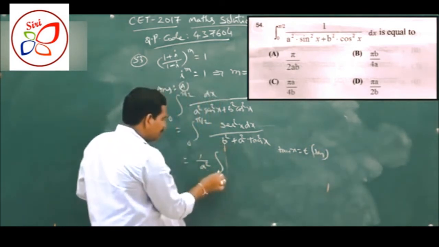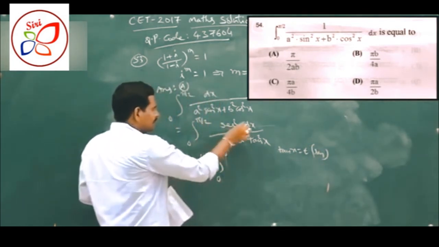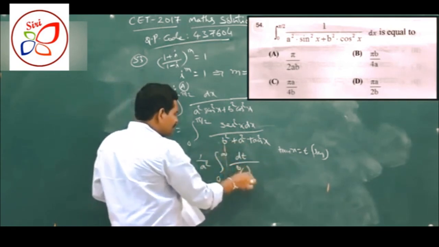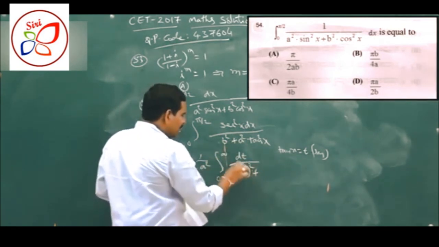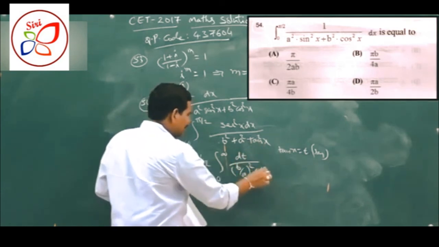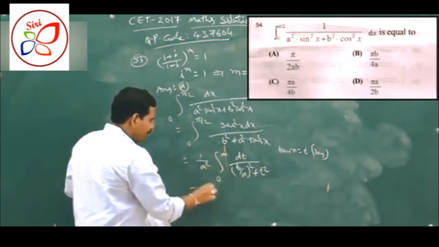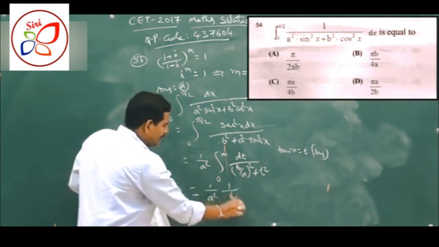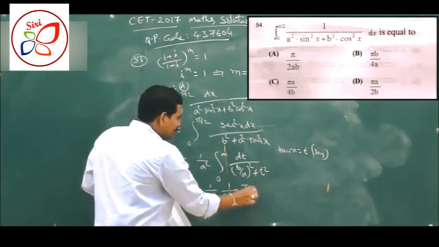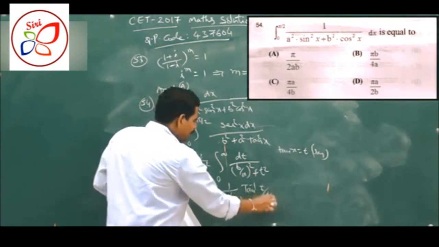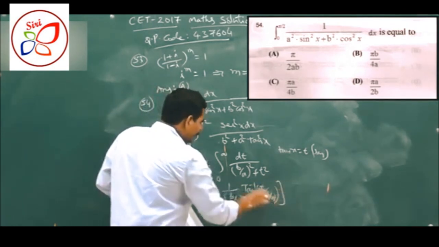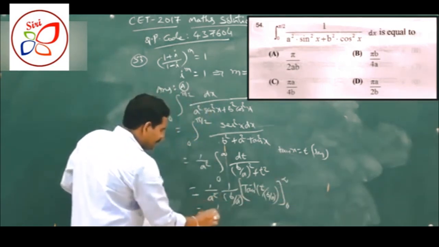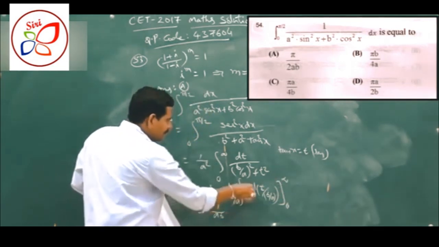Then the lower limit is 0, the upper limit is infinity. This becomes dt. Take this common, so it becomes (b by a) whole square, and this is t square. So 1 by a square into the direct formula 1 by a tan inverse of t by (b by a), between 0 to infinity, cancel one a, resulting in 1 by ab.